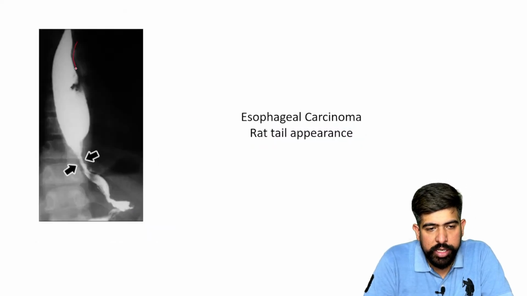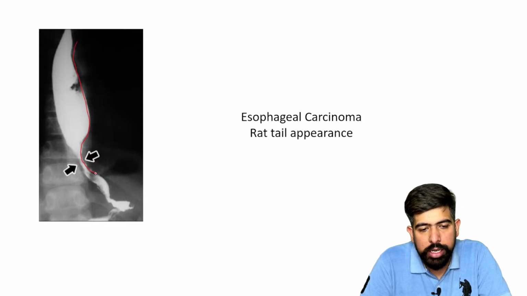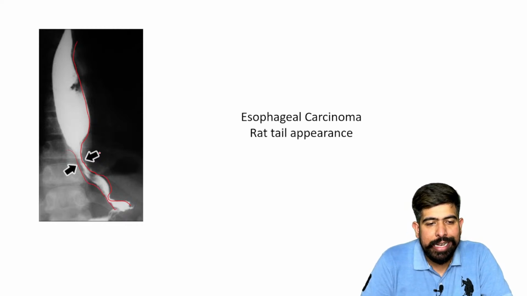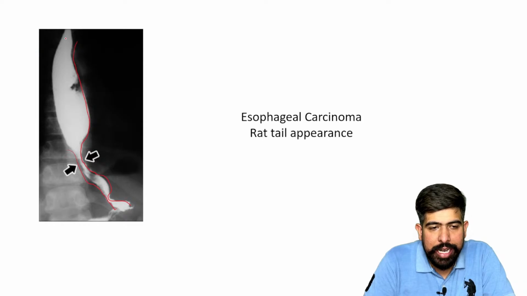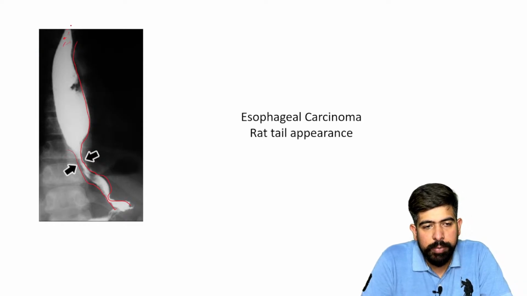You can see over here, this is the esophagus, and after this the esophagus is irregularly narrowed and dilated, right? A little bit narrowed and also dilated for a long stretch. It seems like there is a rat. This is the body of the rat, right? This is the mouth of the rat, and this is the body of the rat, right?